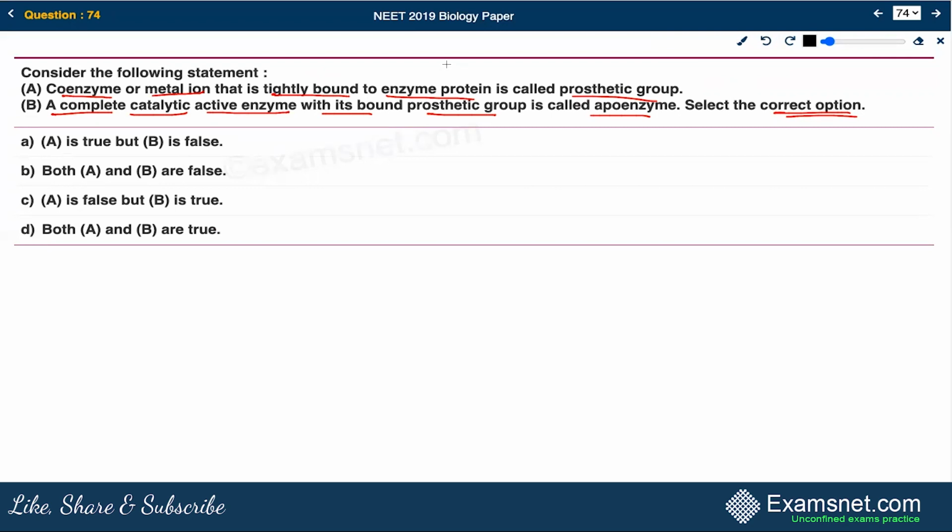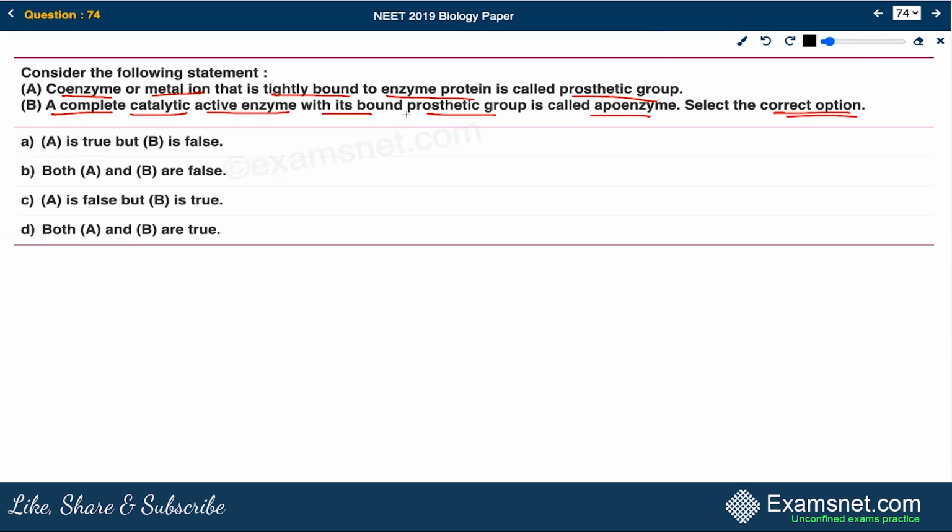Now, let me tell you regarding the first statement first. The coenzymes or the metal ions and the prosthetic groups that are bound to the enzyme protein, that means the apoenzyme, are considered to be the cofactor.